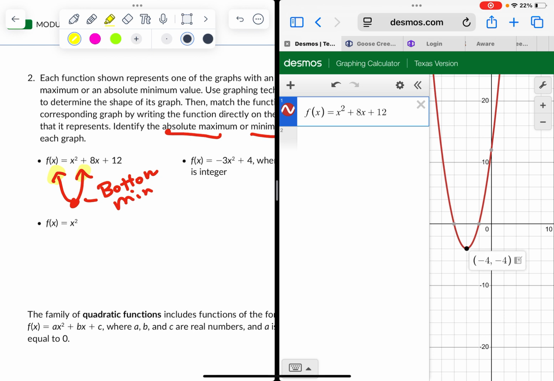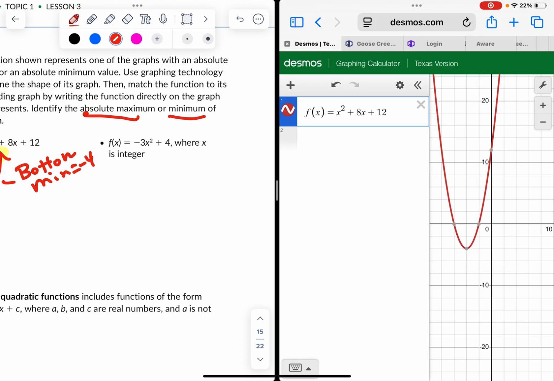You can see that that bottom point is -4 and -4, but you have no idea what the top of the graph is because it goes right off the page. So I can't see the top, so you can't tell me what the absolute maximum number is. But I can see the bottom, and I can see that my absolute minimum is -4, the y value, okay?